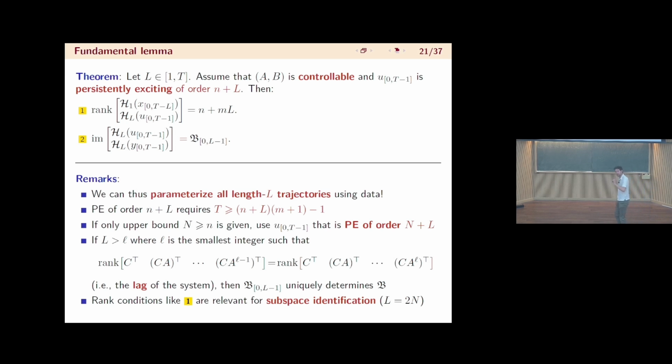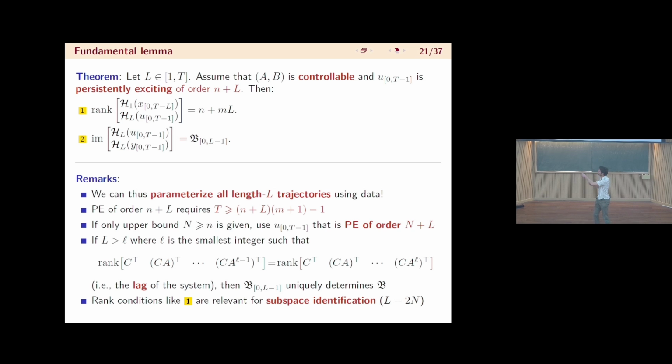Just to make one final connection to the previous part of the lecture on subspace identification, we now also have an answer to the question over there. Remember that in subspace identification, a rank condition on the state input Hankel matrix was very important, in particular for the choice that capital L is equal to 2 times n.